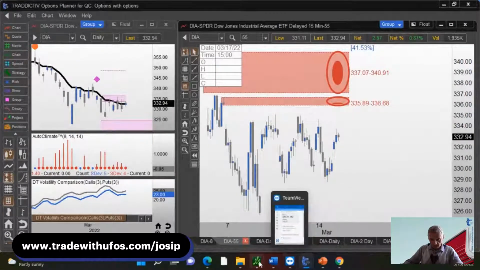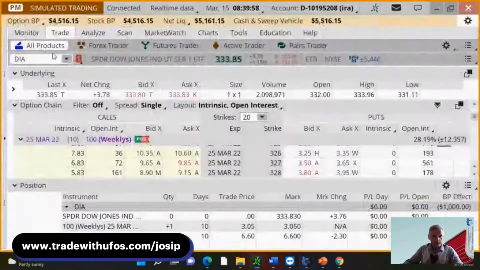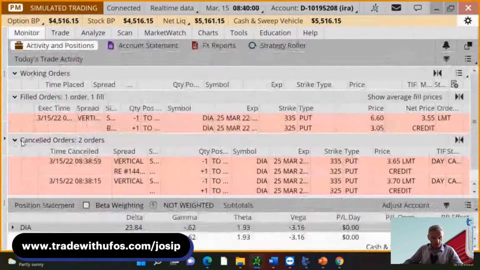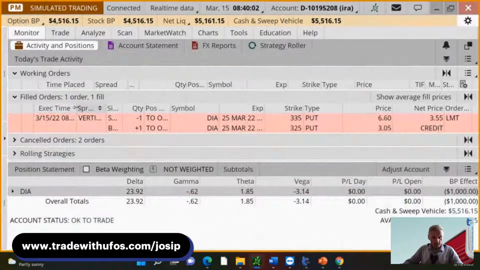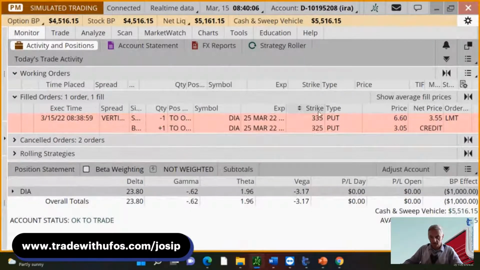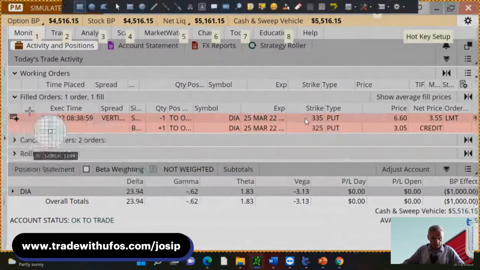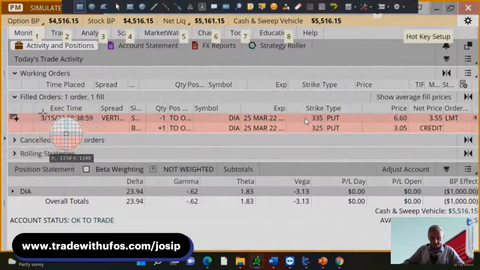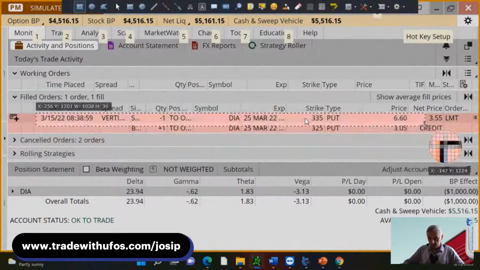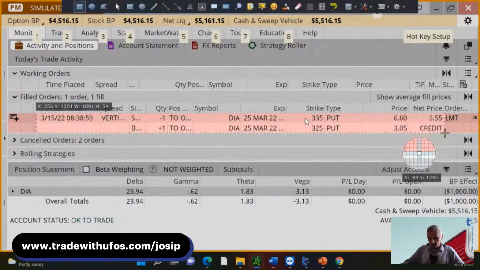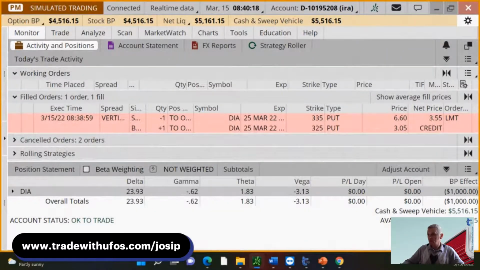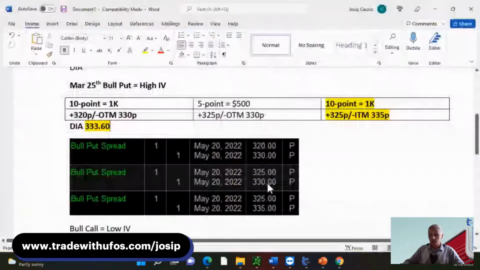Oh wait, I should just do one quick thing here. I should take a snapshot of this filled order because it needs to give me the information about the price that I got filled at. So here it is. I'm just snapshotting this. I'm going to put it in a document here.